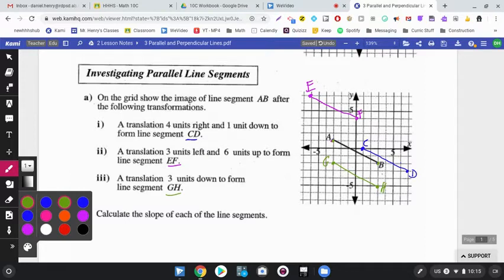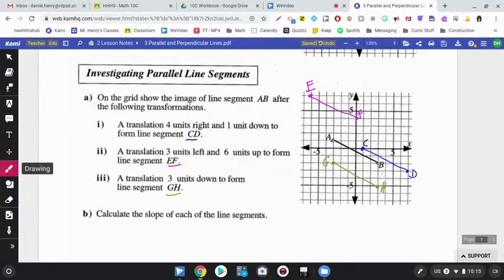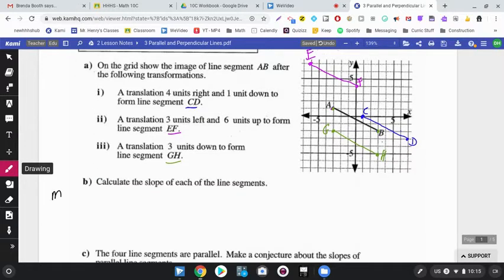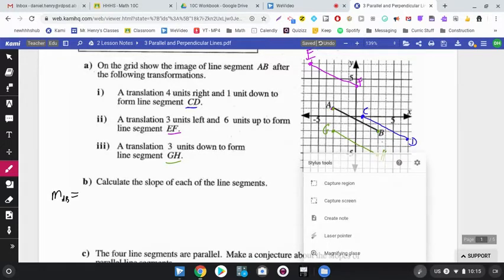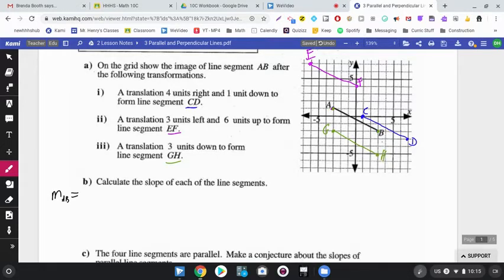Okay. Well, now it asks us to calculate the slope of each line. Well, I'm going to start with AB. I'm going to say M of AB, or slope of AB. And at this point, we could talk about rise or run, or maybe we even use the slope formula. I think it's pretty easy to just count rise over run.